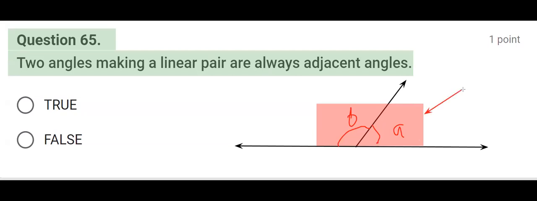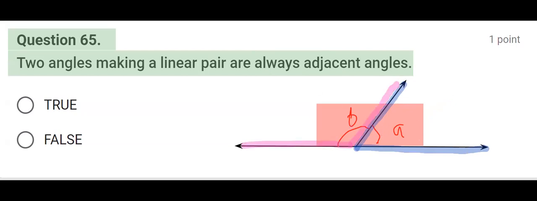And now look into these two angles. It's very clear from the diagram that they are also adjacent angles. Let's say this is the first angle, and the other one is the second angle.